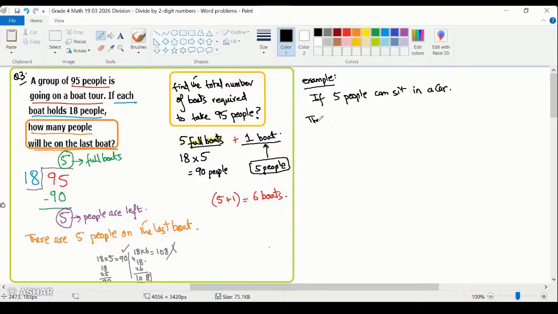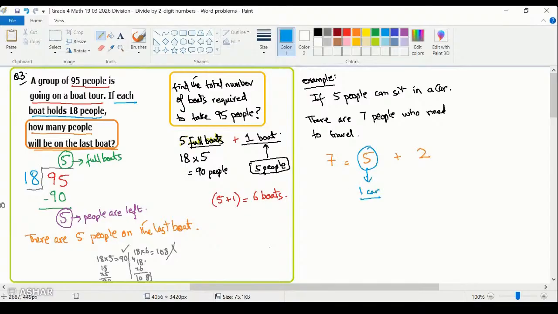There are 7 people who need to travel. Okay, so how many cars can you take? See, 7 can be written as 5 plus 2. Agreed? These 5 people can sit in one car.